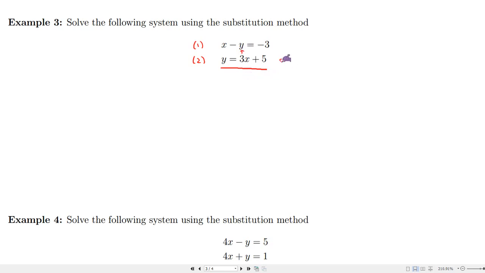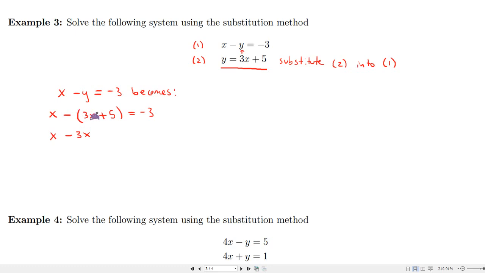So substitute equation 2 into equation 1. So what would we get? We'd have x minus y equals negative 3 becomes the following. It becomes x minus y is equal to 3x plus 5 in the second equation, so we just replace that. And now distribute the negative.